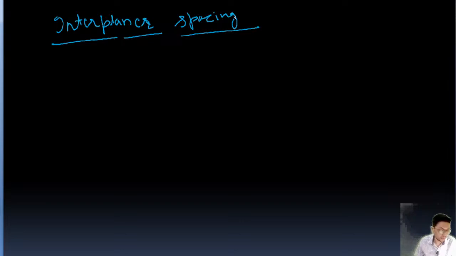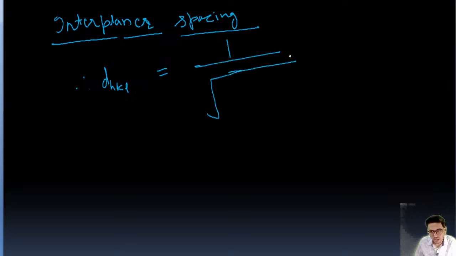Interplanar spacing is denoted by DHKL, and the general formula for this is 1 upon root of H square upon A square plus K square upon B square plus L square upon C square.